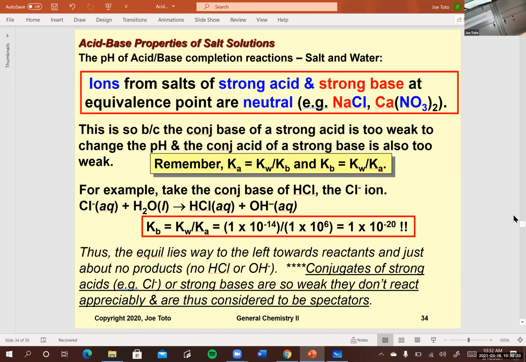So they're in stoichiometric amounts, and the only thing left is salty water. So it takes place to completion. We know that's going to happen. But the salty water contains spectators. So that salty water, as a result of a strong acid, strong base neutralization to completion, is 7.